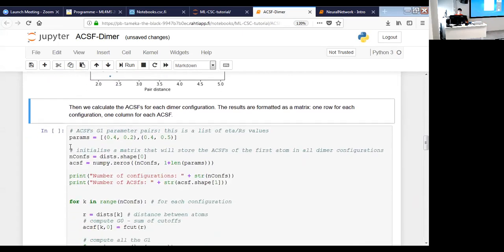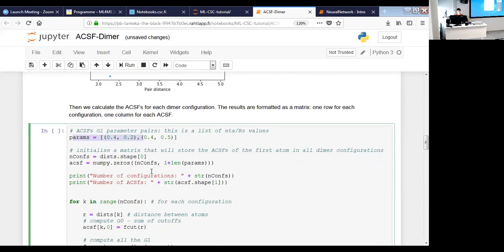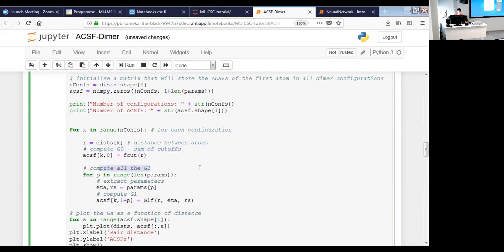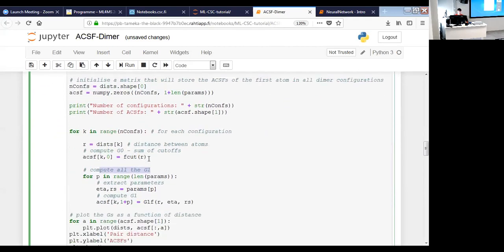Now, what we will first do is create our parameters for the atom-centered symmetry function. In this case, we only have the G1 and the G0. We do not need the angular ones. There are only 2 atoms, so we are trying to keep it as simple as possible. Now for every configuration, we calculate the G0 and we compute all the G1s.